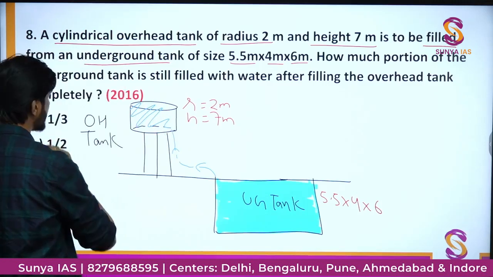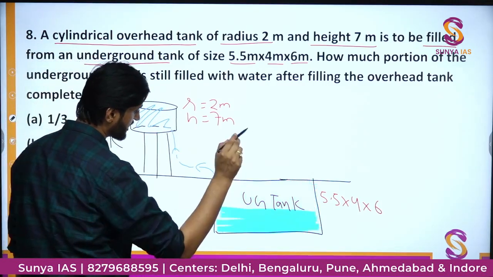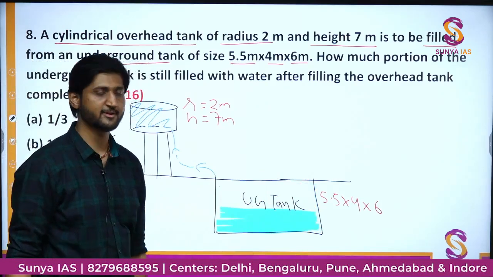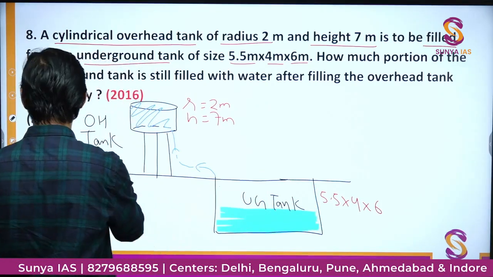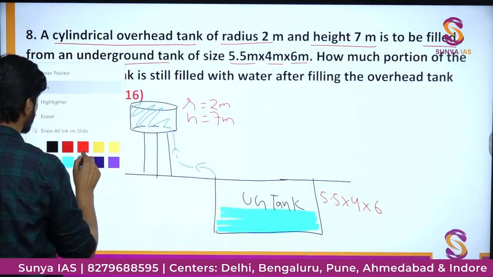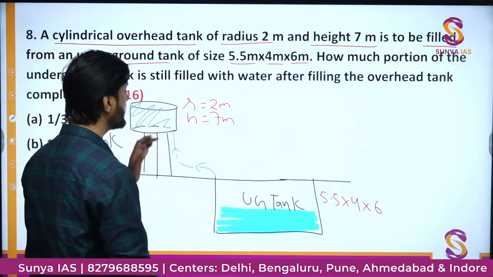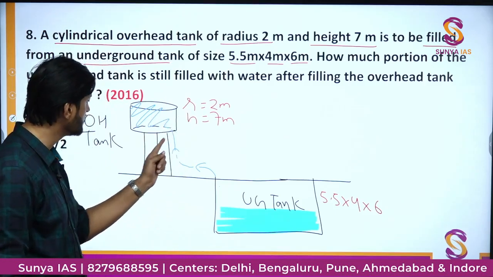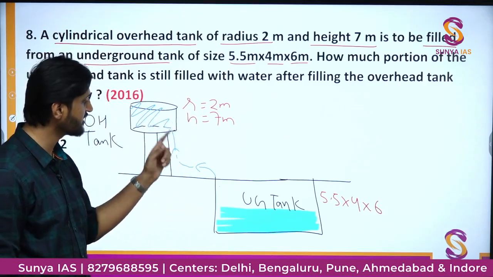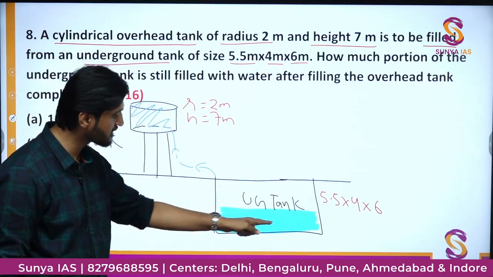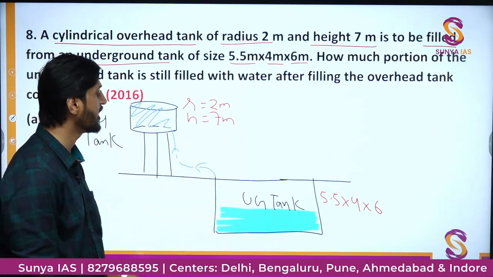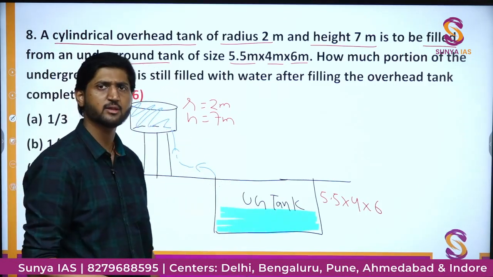After the overhead tank is filled, obviously the water level here will decrease, it will go down to this level. So we have to just tell how much portion of water will be still left in this case. Okay, so what we have to do is just we have to find the volume of this overhead cylindrical tank. We have to find the volume of this larger underground tank and then we have to find the amount of water left, as simple as that.